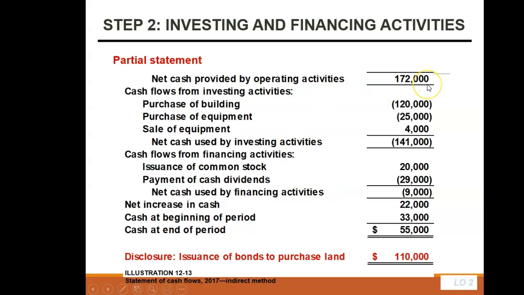So I'm writing things down as you should be as well. From operating, you have an increase of $172,000. Then from investing, an outflow of $141,000. And then from financing, an outflow of $9,000.